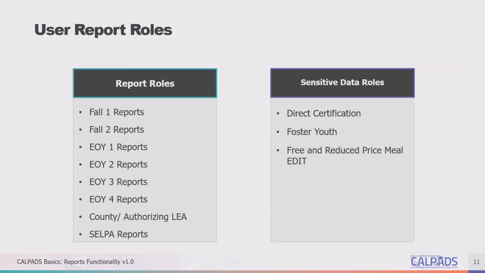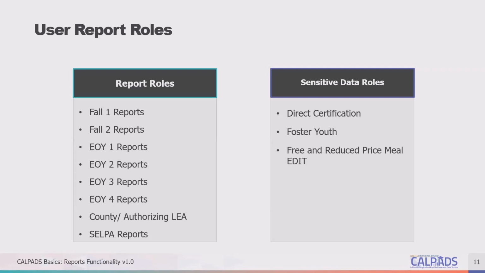So just a list of report roles. So user report roles. As you can see, there are specific roles for data submissions like fall 1, fall 2, end of year. There are special report roles for county or authorizing LEA reports and SELPA reports. But in addition to specific report roles that accounts need to have, there are roles for sensitive data.